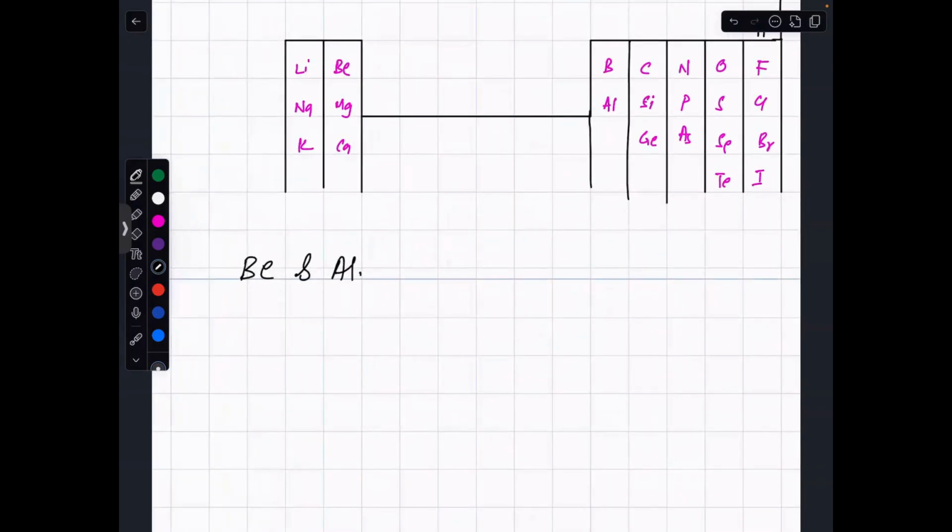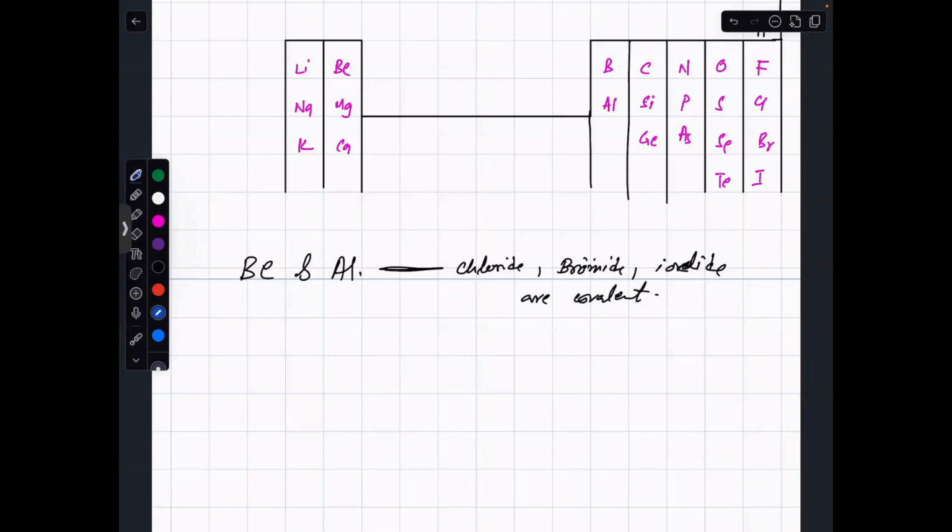This I'm going to explain later on: their chloride, bromide, and iodide are all covalent.